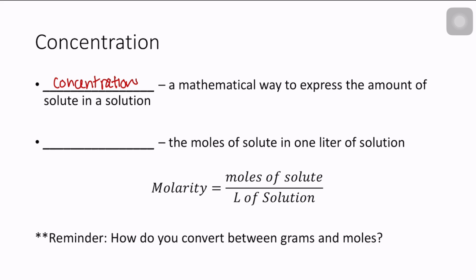Also in chemistry, the unit we use for concentration most often is molarity. So the molarity of a solution talks about the moles of solute in 1 liter of solution.